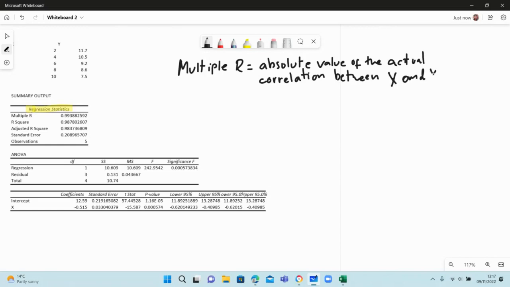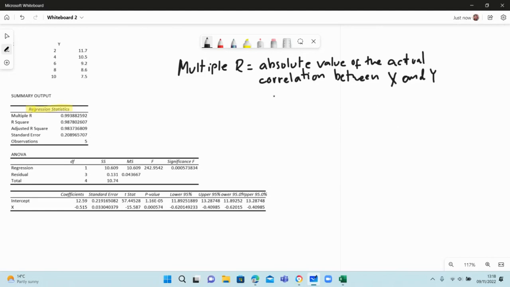Now, if you will recall, the correlation between x and y could actually take on negative values, but the multiple r value as given by the regression analysis made by Excel will always be a non-negative value.